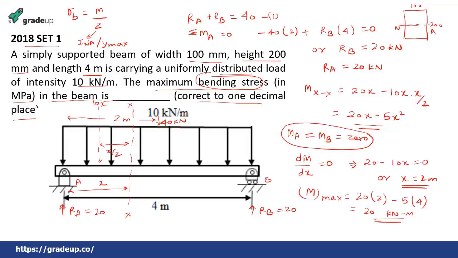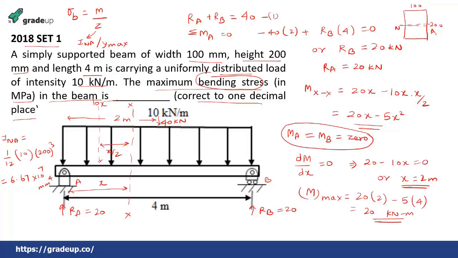So INA will be equal to 1 by 12, this length 100 into 200 cube. This you will get as 6.67 into 10 to the power 7 mm to the power 4.